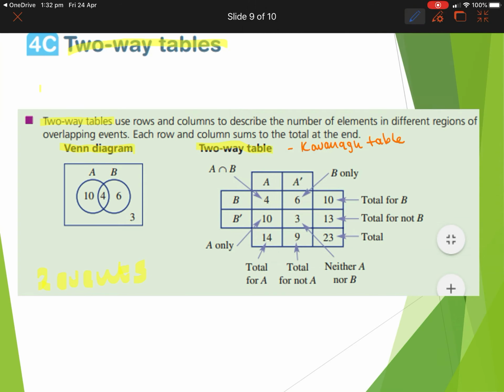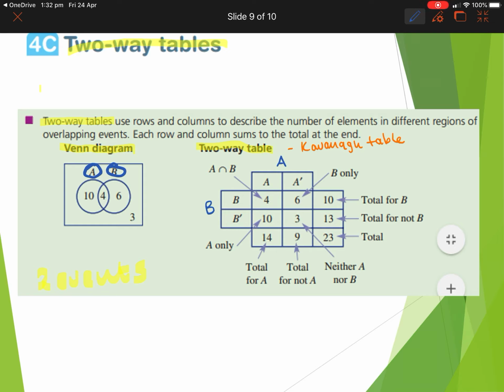Okay, so for this Venn diagram here, we've got events A and B. Over in the two-way table, we can also show event A up here and event B on this side. So the same information, just in a different way. Looking through this definition, two-way tables use rows and columns to describe the number of elements in different regions of overlapping events.